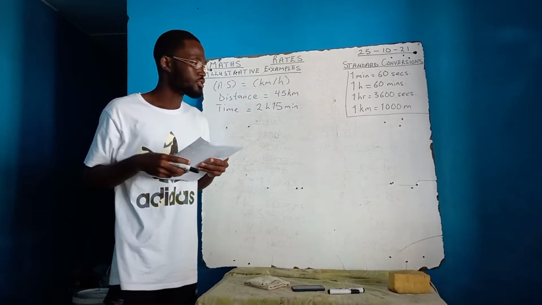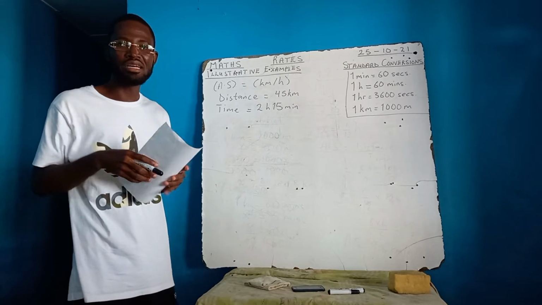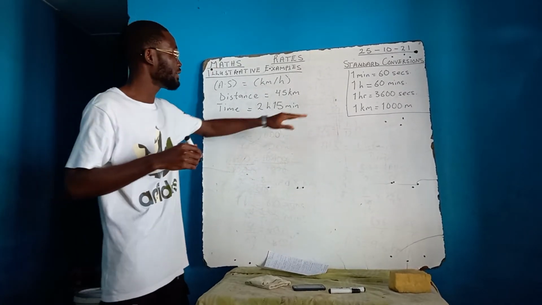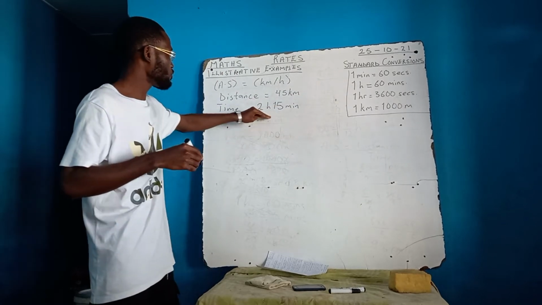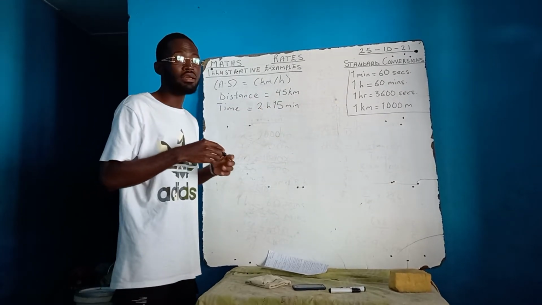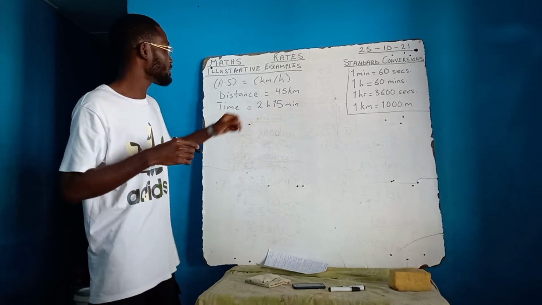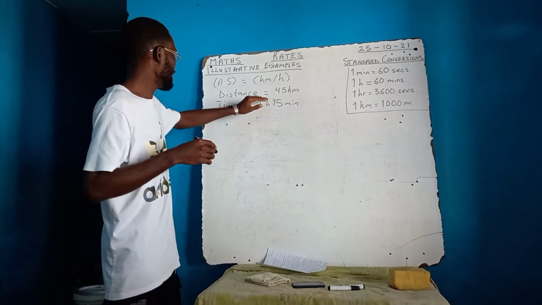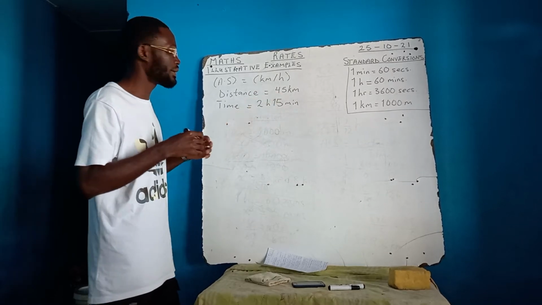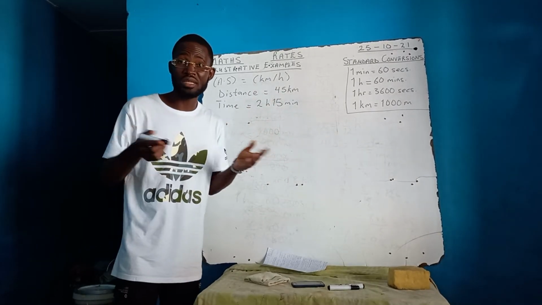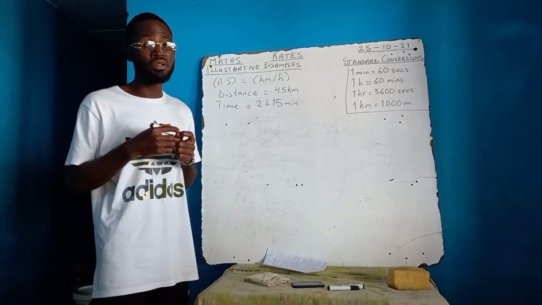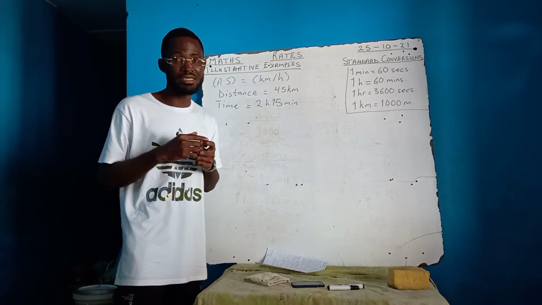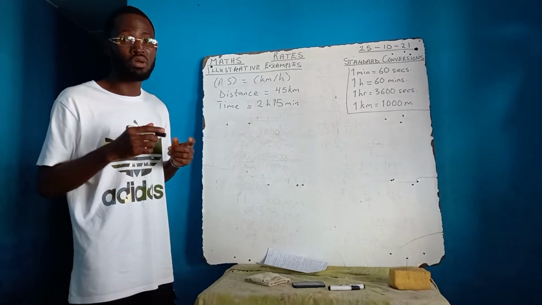All right, so this is our data per the example that we have here, and we'll be tackling the standard conversions in order to tune our data into the right units. So we have kilometers in the demand of the question, and we still have our data for distance in kilometers as well. So that alone tells us that we are not going to make any manipulations on the distance. So let's move on to look at the time.